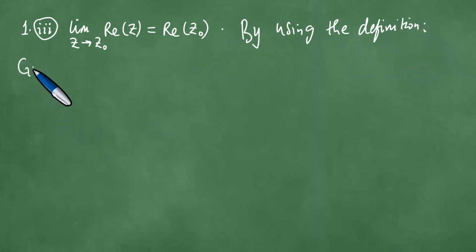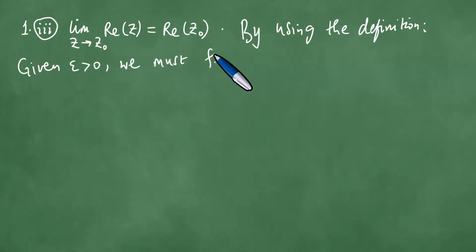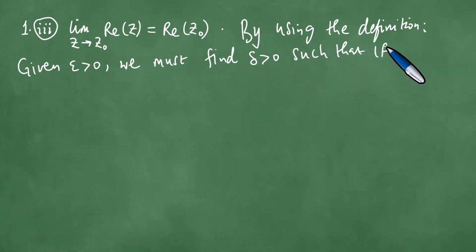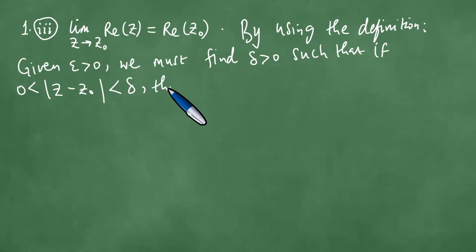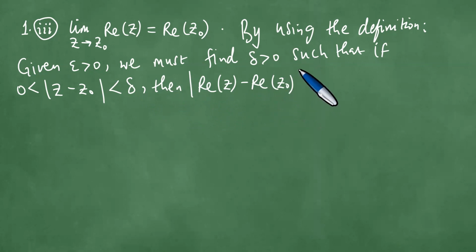Okay, we start by saying given epsilon positive, we must find delta positive such that if 0 is less than the modulus of z minus z0 less than delta, then the modulus of the real part of z minus the real part of z0 is less than epsilon.